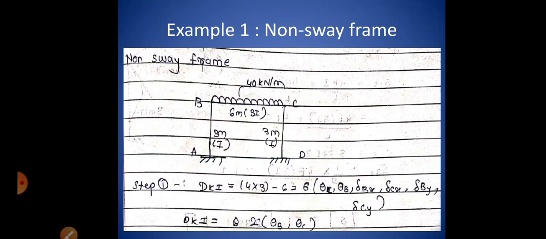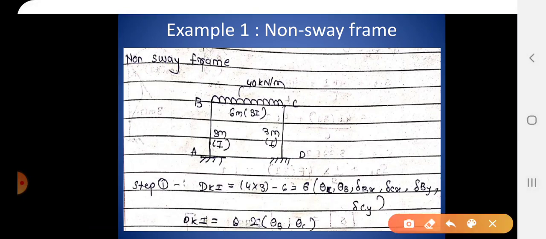Then symmetrical loading is there, UDL, and the moment of inertia of both the columns is the same, though it is different for the beam, it is okay. So all four criteria have been satisfied, therefore the given frame is a non-sway frame.